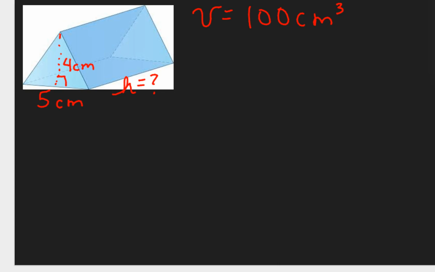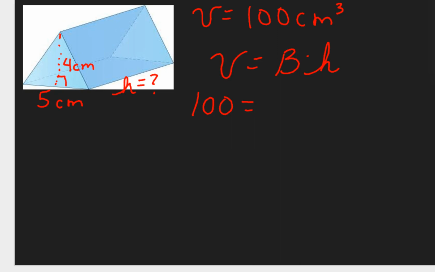Now once again, our first step will be write down your formula. To find the volume of a triangular prism, it is still volume equals base area times the height. Well, this time we don't have the base area. We have to figure that out. So underneath capital V, I'm going to go ahead and write 100. We know what the volume is.